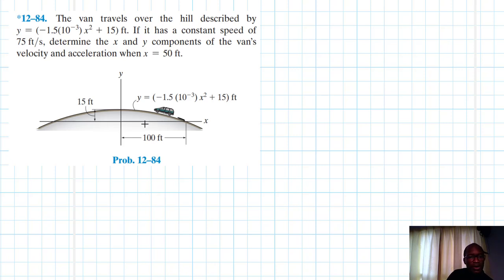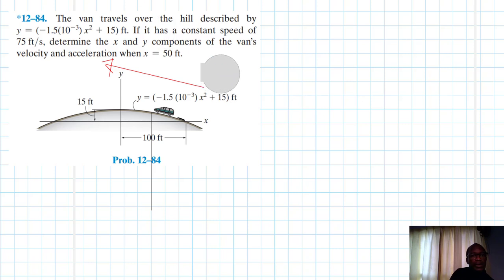Right. So let's indicate the details. Let's say this is our point where x is 50, somewhere here. They told us 50 feet. So the car is moving in this direction.